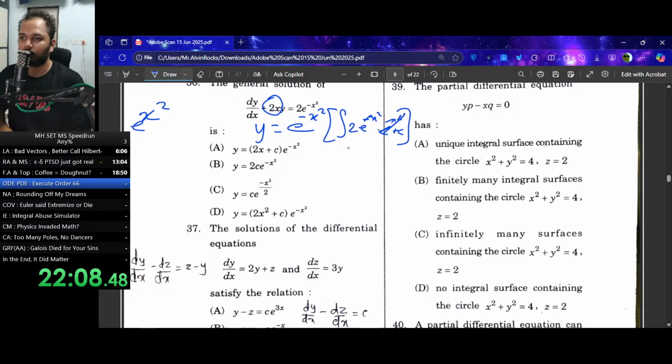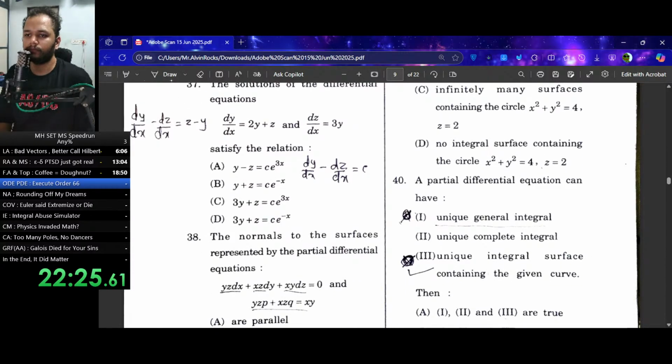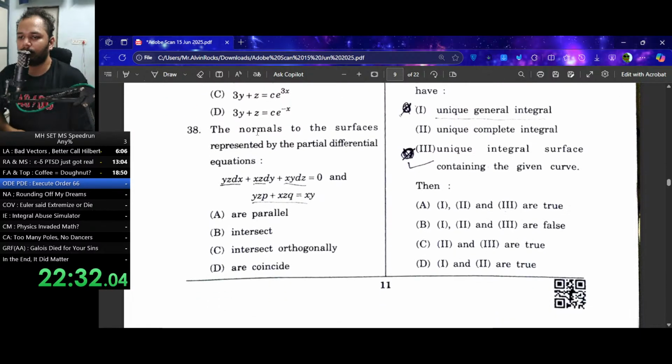Let's see, so that's going to be just x times 2x, so 2x plus c exponential x. So option A for this one. Just by analyzing you can get that.